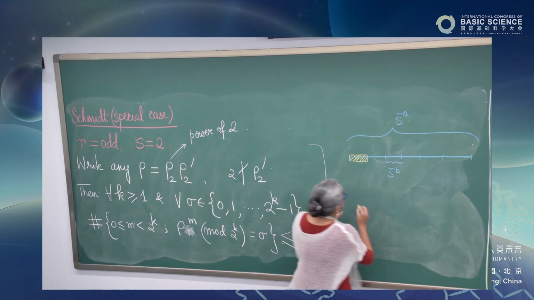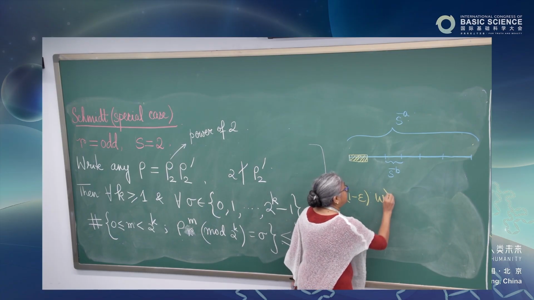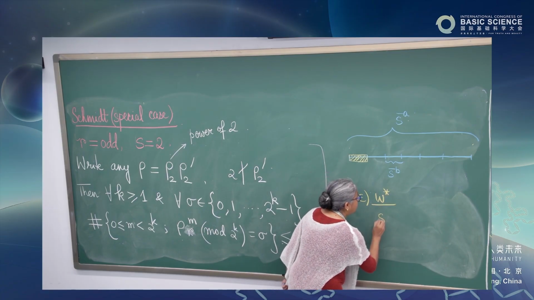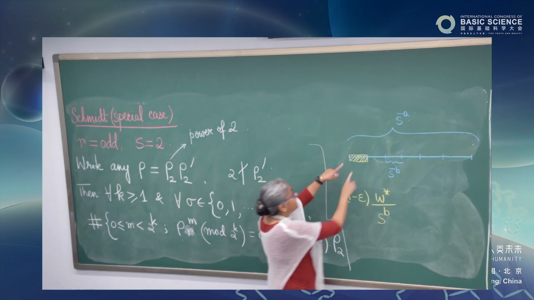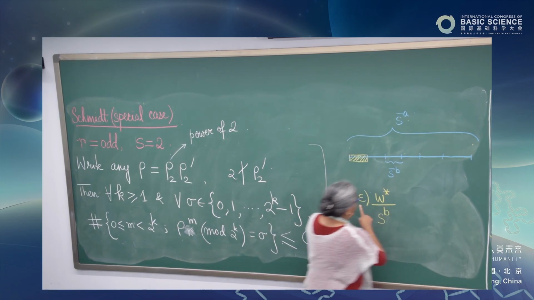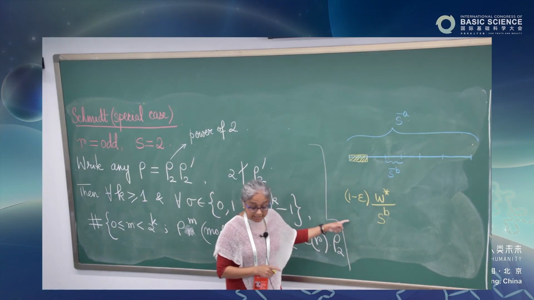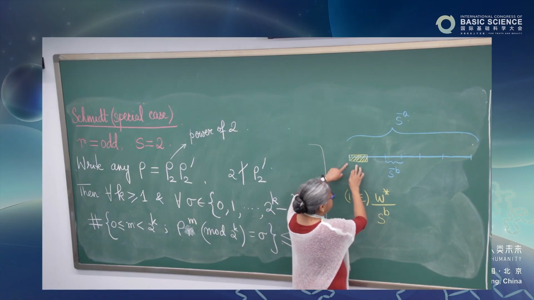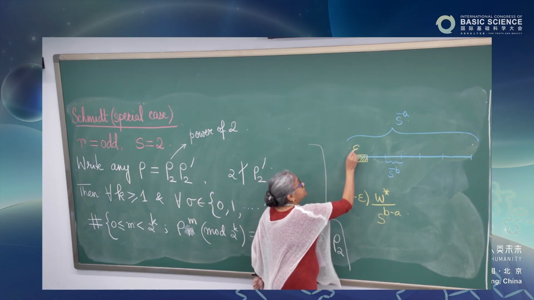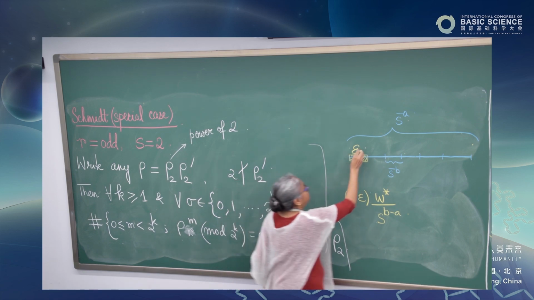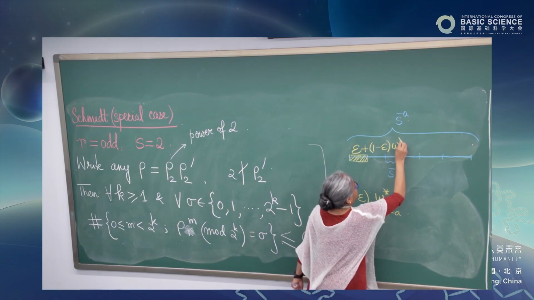I'm going to give (1 minus epsilon) W star divided by s to the b minus a weight on every single one of them. So every single child receives this much weight. But this one gets extra. So this one gets a weight epsilon plus (1 minus epsilon) W star divided by s to the b minus a.